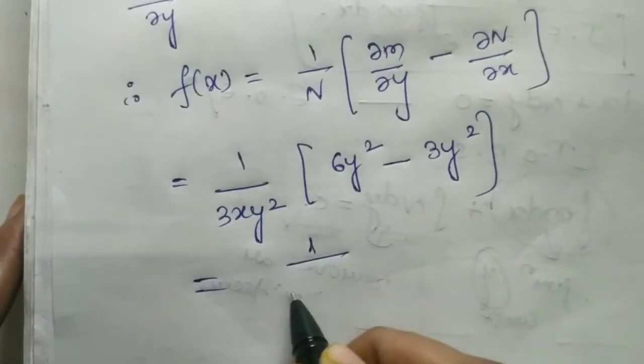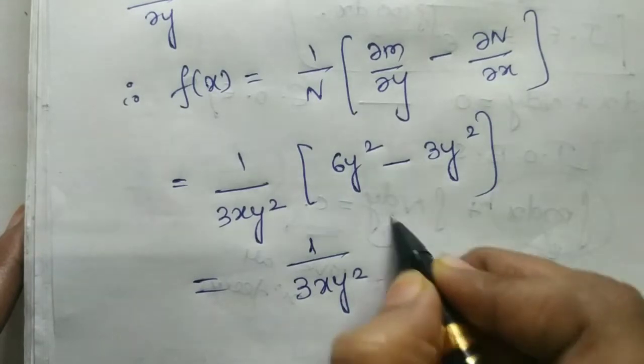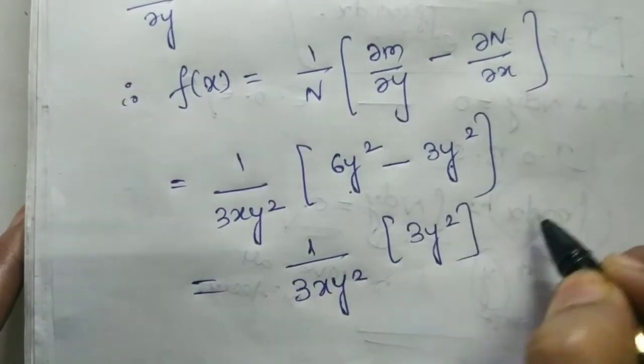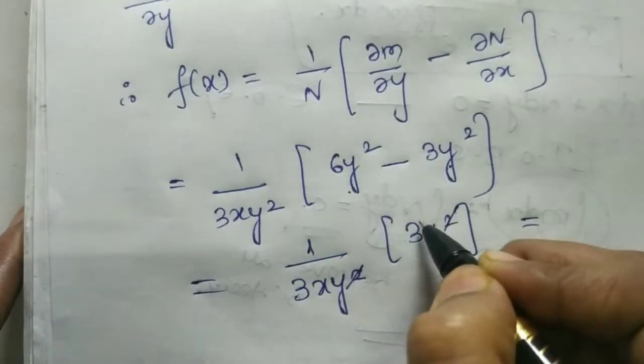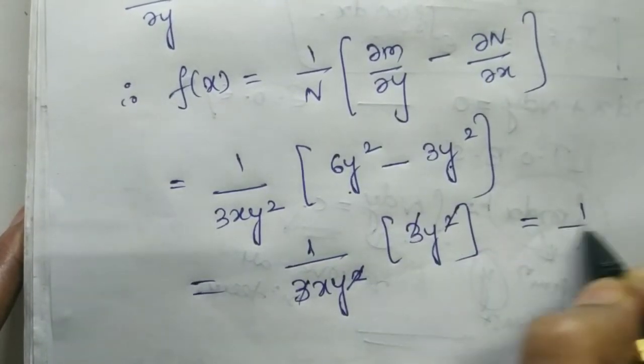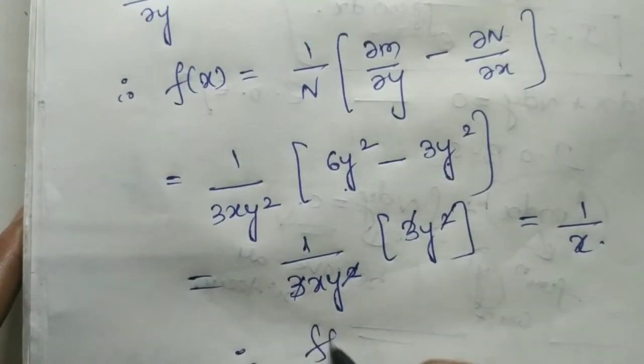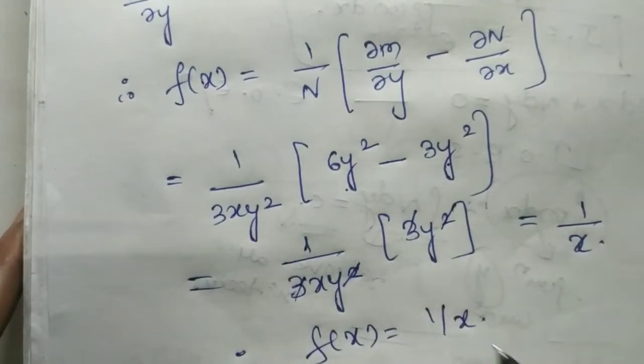So 1 by 3xy square into (6y square minus 3y square), which is 3y square. Here y square and 3 cancel, so that is 1 by x. Therefore f of x equal to 1 by x.